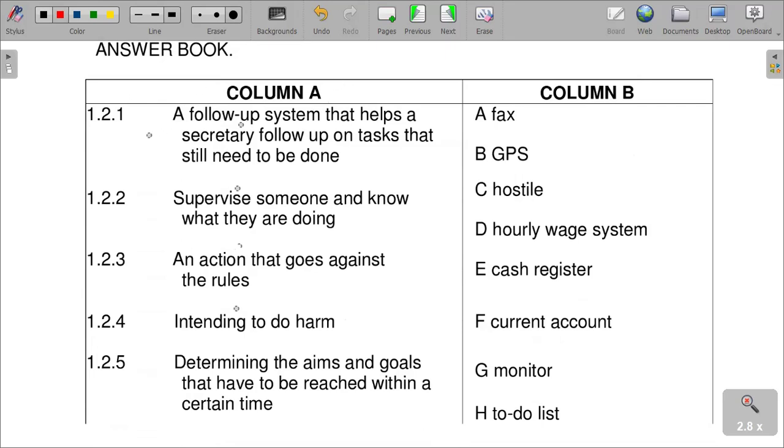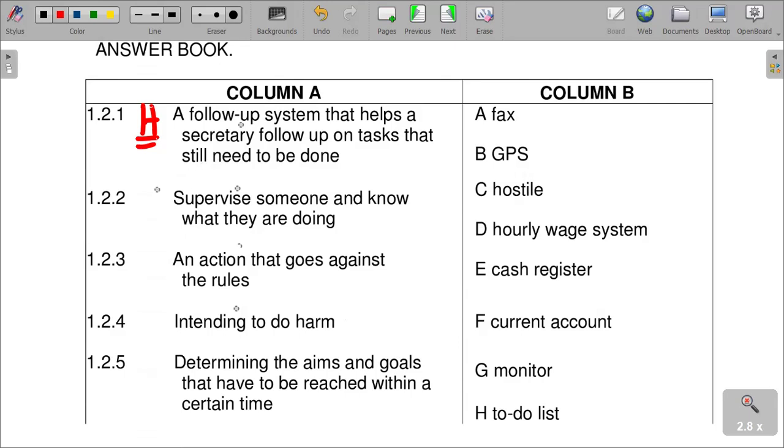So it is the to-do list, which is H. A to-do list is used as a checklist by a secretary in order to follow up on tasks that need to be done and what still needs to be done as well.